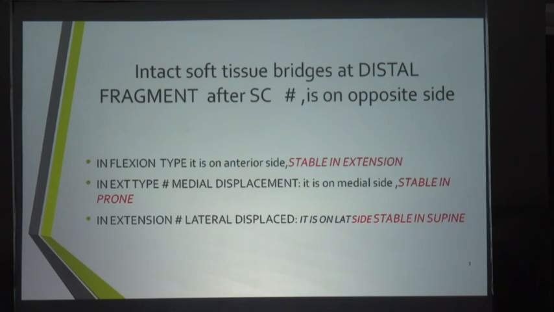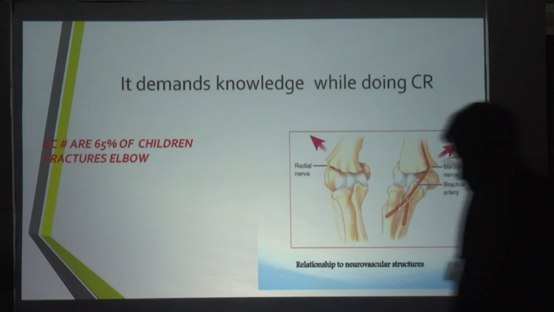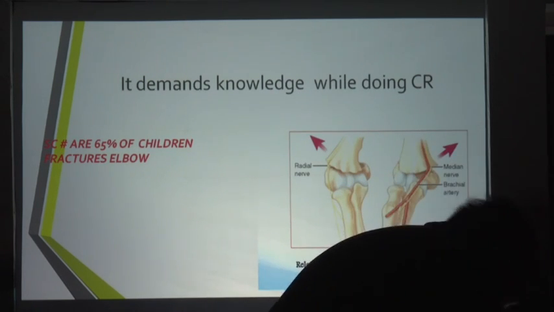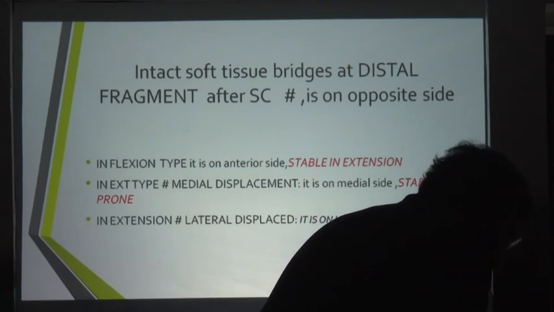The intact soft tissue hinge bridges the distal fragment after a supracondylar fracture and is on the opposite side. If it is an extension fracture, the intact tissue hinge will be on the posterior side. Where the fracture is placed, the opposite side has the intact tissue hinge. Like in flexion type, it is on the anterior side.